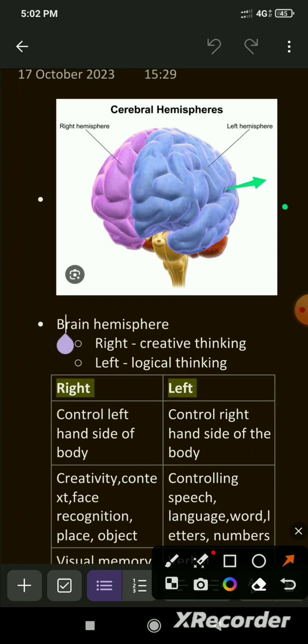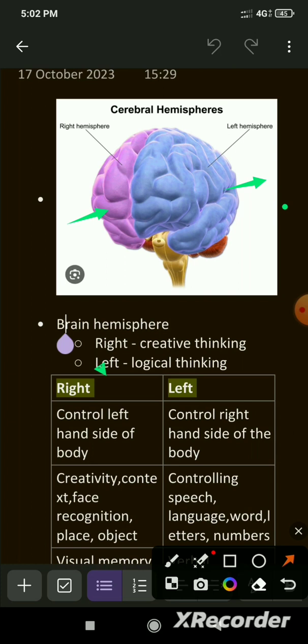This is the left hemisphere and this one is the right hemisphere. The right hemisphere is mainly for creative thinking and the left side is for logical thinking. We can connect them like this: L for left and L for logical.